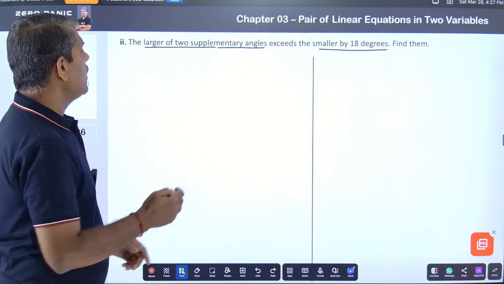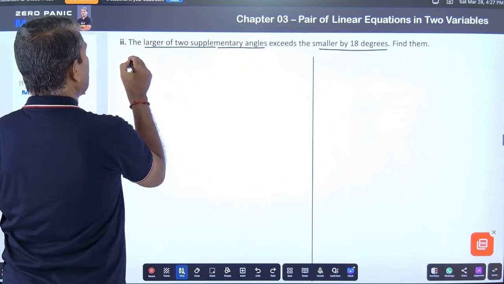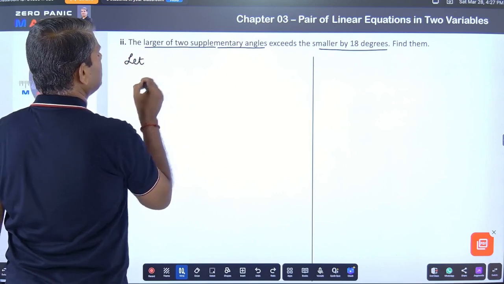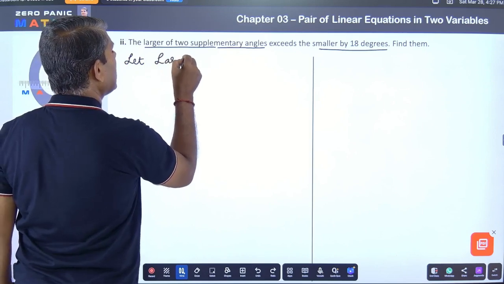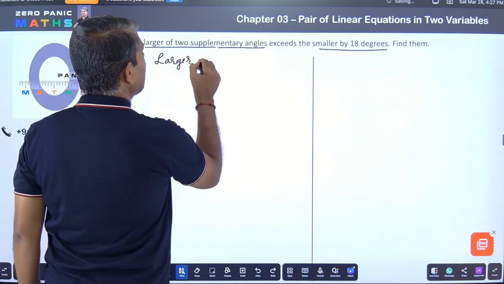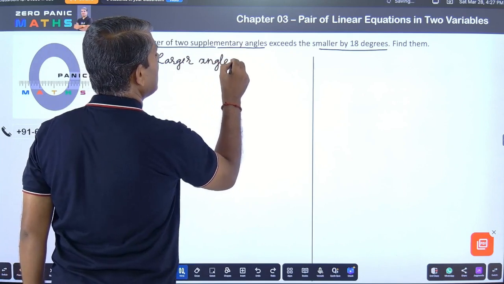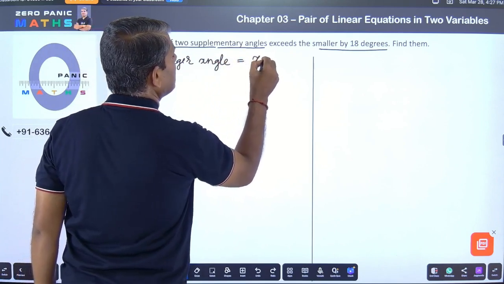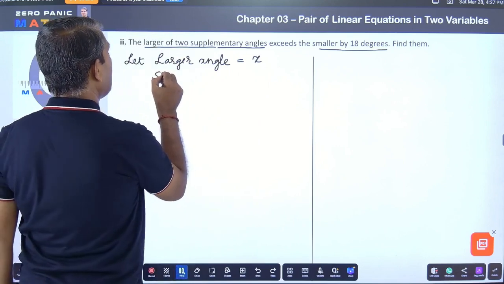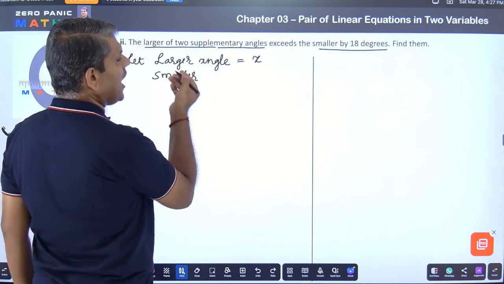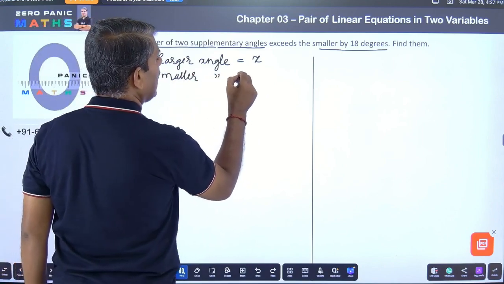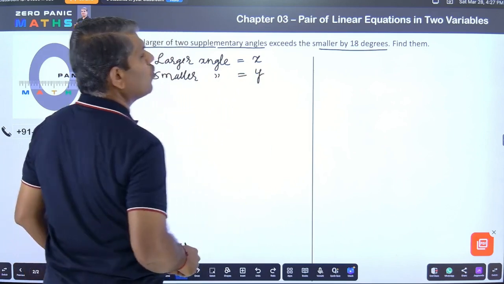Suppose the larger angle is equal to x, and the smaller angle, or you can say angle 1 and angle 2, the smaller angle is equal to y.